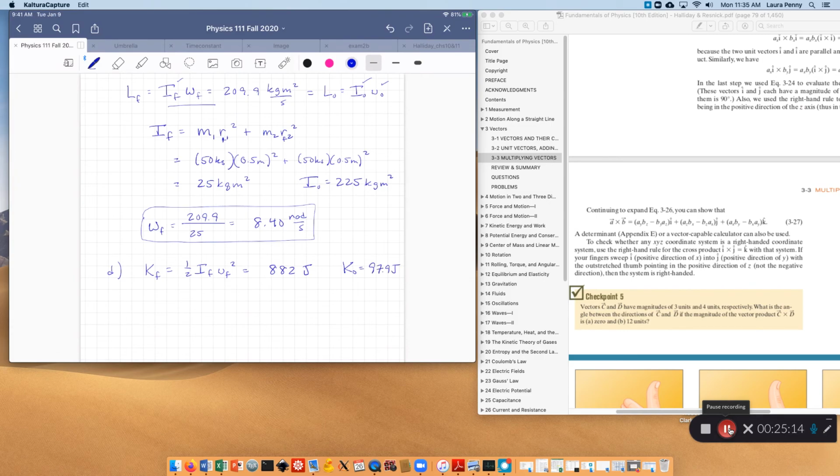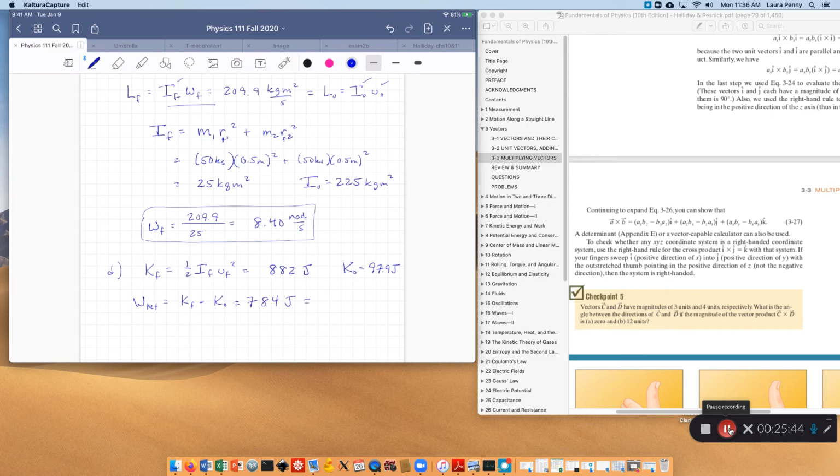So we have a huge increase in this. So there had to be some work that occurred here. This is an increase in rotational kinetic energy, and so we've produced roughly 784 joules of kinetic energy.